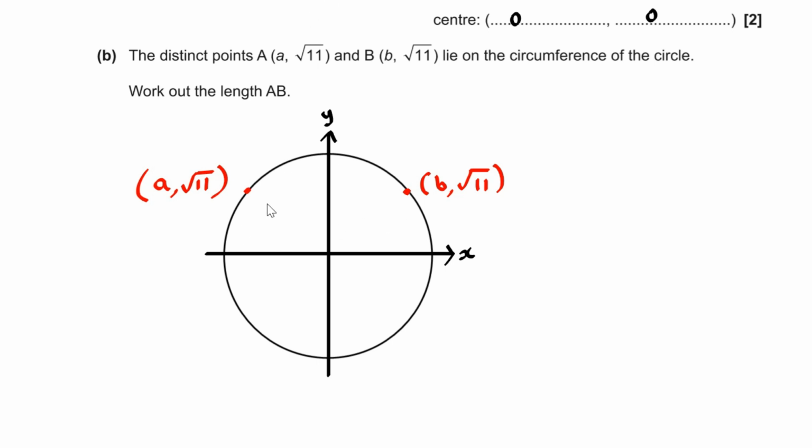So here we've got the length AB, which we need to work out. So let's just add in the relevant coordinate of B and A. And we've got over here 6, because that's the radius. And here we've also got 6.